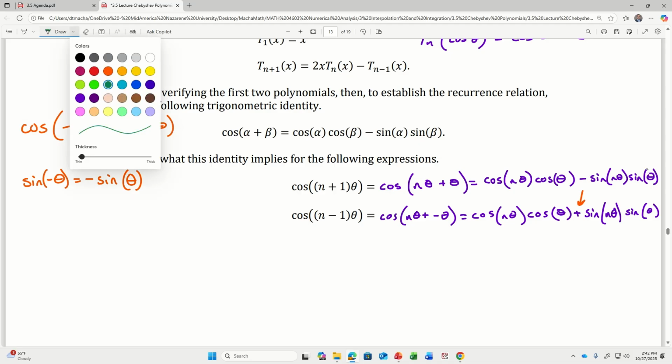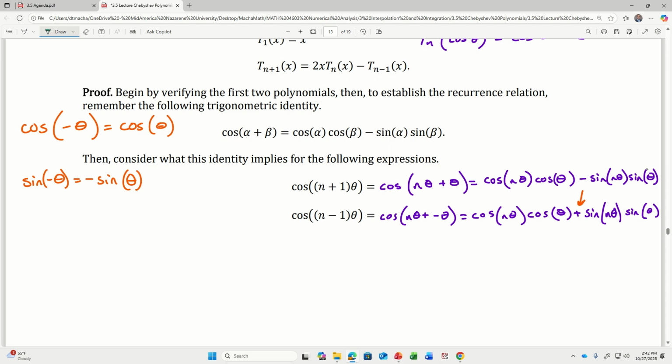And so what I would like to do is add these together, because this is cosine of n theta, right?